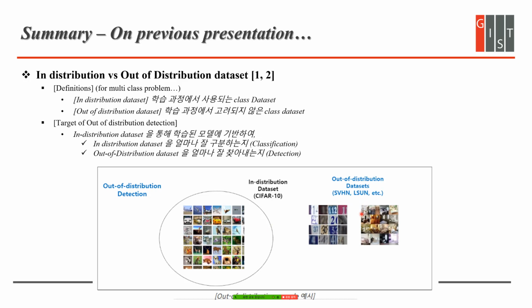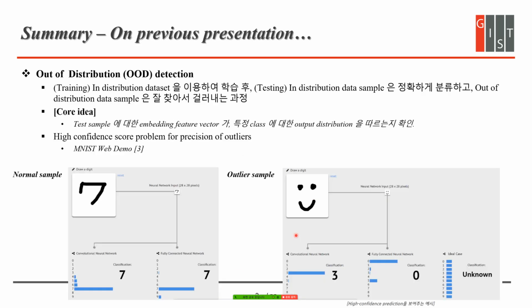So the target of OoD detection is that we have a model trained on the in distribution dataset, and we want to classify the in distribution dataset and detect the out of distribution data samples from the trained model.